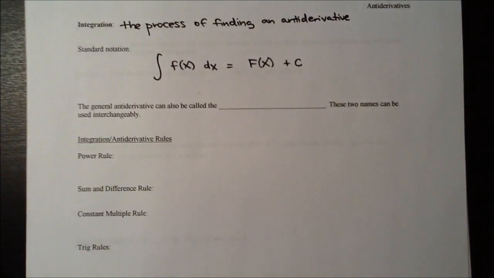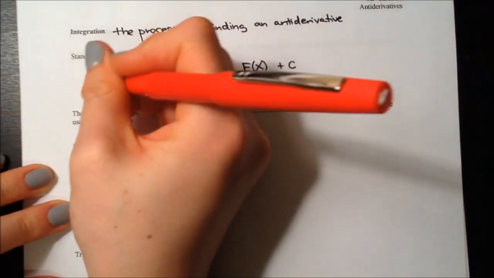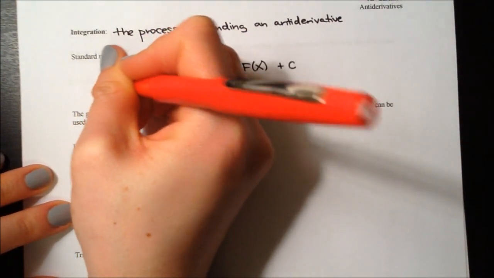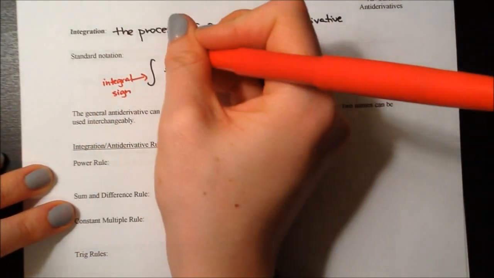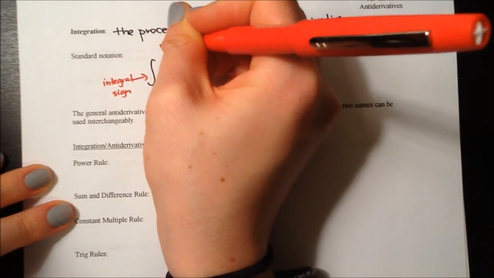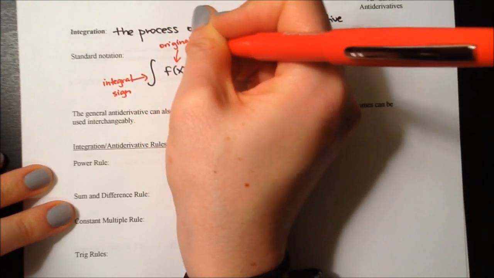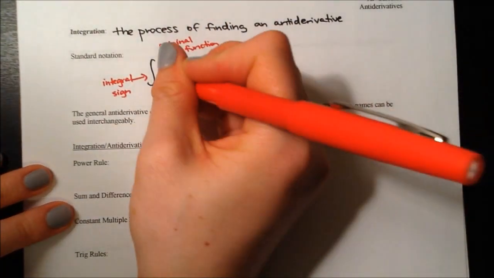Okay, so I'm going to label everything on here. This guy right here, that's just the integral sign, or the integral symbol, either way. This is the original function. We also call it the integrand.